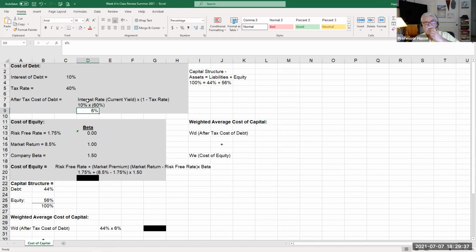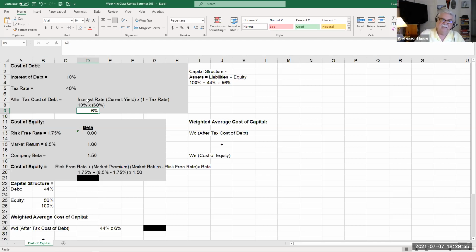Remember, for us, the cost of debt is long-term debt. Accounts payable, accruals, and working capital debt do not play in our analysis because technically they are interest-free. We're just concerned about long-term debt as the interest rate.